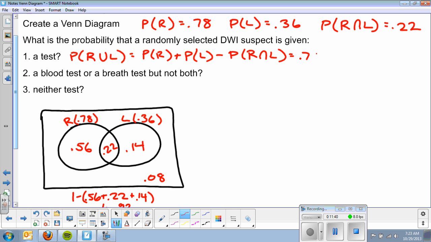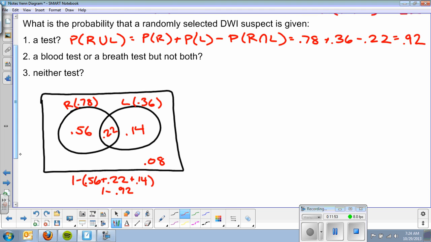So, 0.78 plus 0.36 minus 0.22, and that's going to give me 0.92, which is not a coincidence that that's the same number we got down here at the bottom.